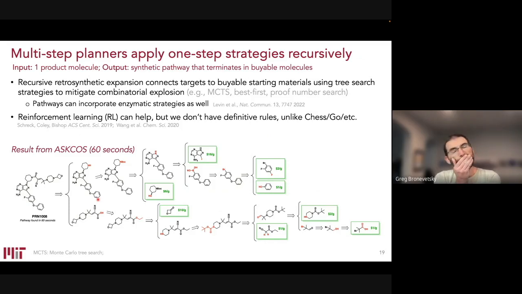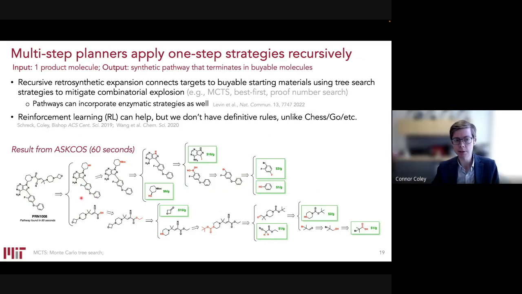I was just saying that there's some notion of risk mitigation also, because experimentally, if you take this recommendation of a pathway and you start putting it into practice, you're going to start from the leaf nodes, right? What you can buy. And so if you have risk of failure distributed throughout this pathway, let's say that this final step is what you're most uncertain about, that's pretty bad, because that means that you could spend a ton of experimental effort getting to this final stage, making these intermediates, only then to realize that that disconnection was not feasible, or that reaction won't work.